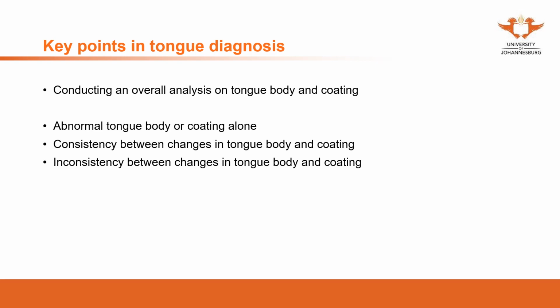In this situation, we also need to think carefully what's the reason, what's the cause, and also we can combine with the other diagnostic methods, such as the inquiry and the smelling and the pulse diagnosis in future when we study. So when we study the inspection, don't only focus on the inspection. We also need to combine with the other diagnostic methods.